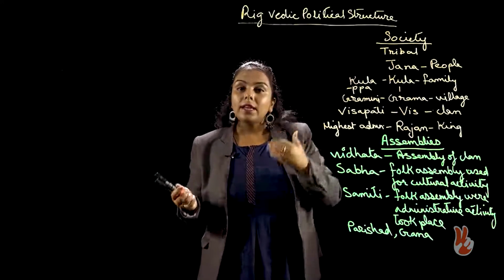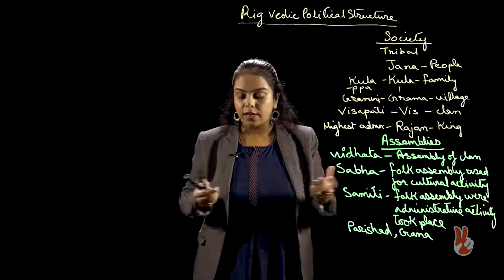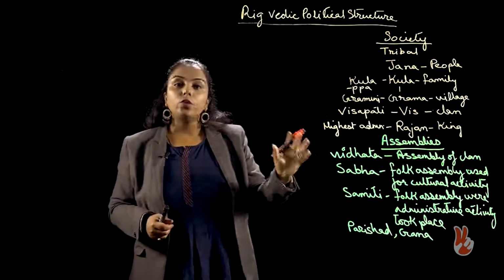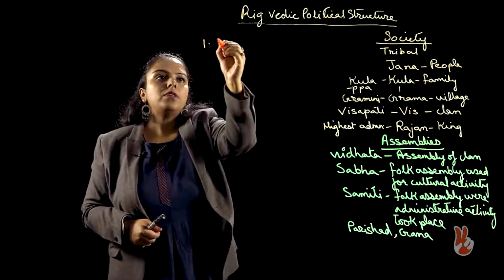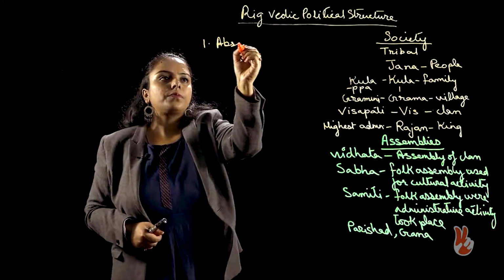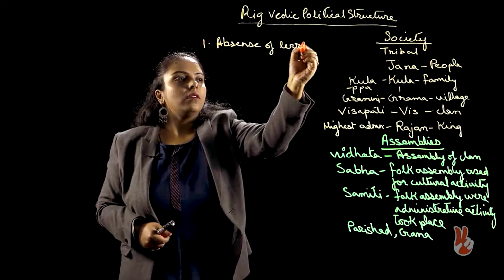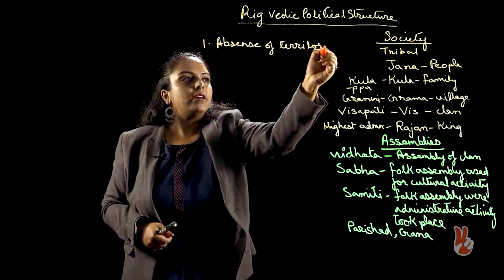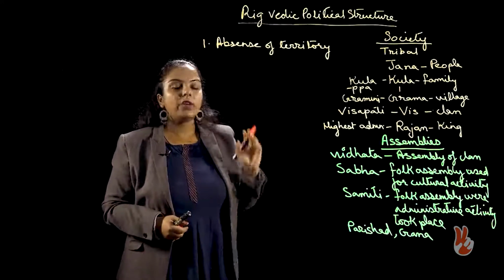It is only in the later Vedic age that we read about Janapada, the territory. So, if we look into the features of Rig Vedic polity, first of all, absence of territory. So, we do not read about Janapada in the Rig Vedic age.